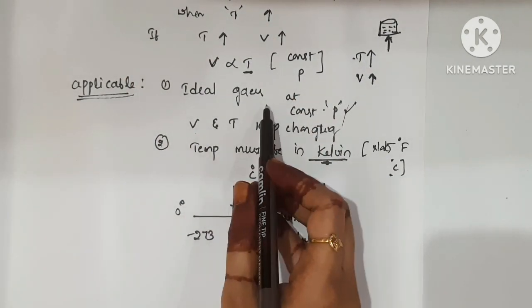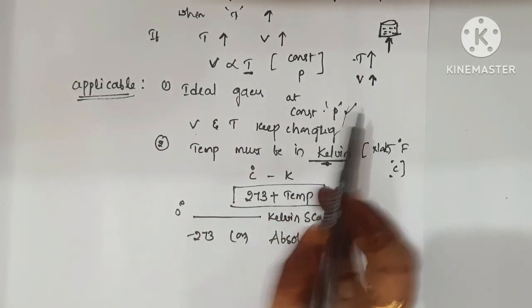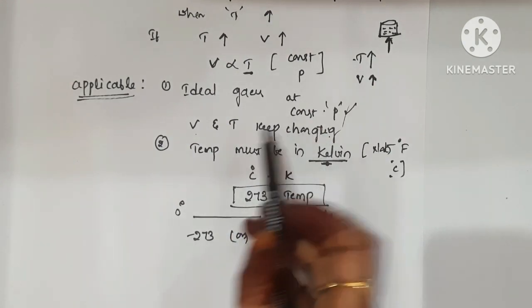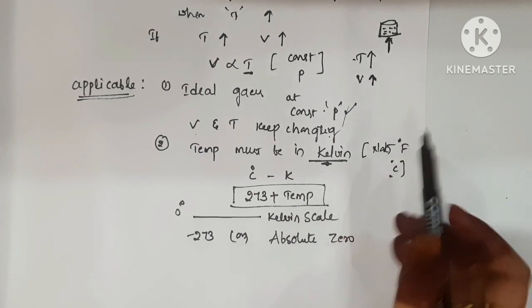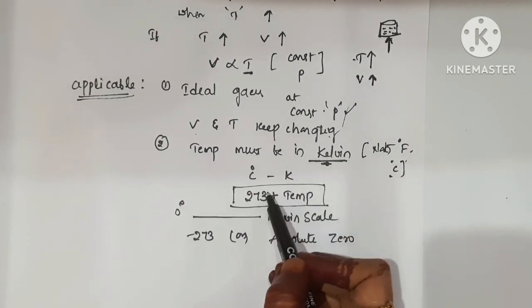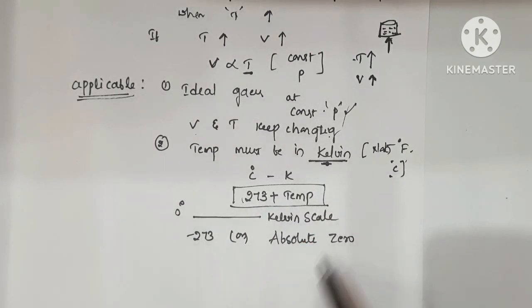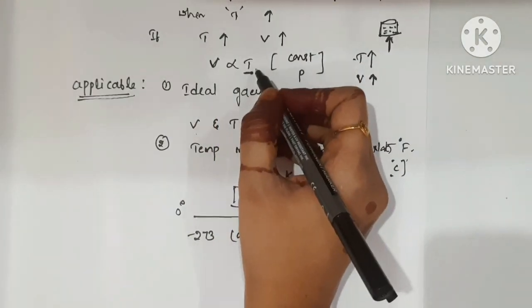It applies only to ideal gases at constant pressure, but volume and temperature keep changing, right? And temperature must be on the Kelvin scale. In case the temperature is in Fahrenheit degrees or Celsius, we have to convert it using this formula. Then generally V is proportional to T, right?